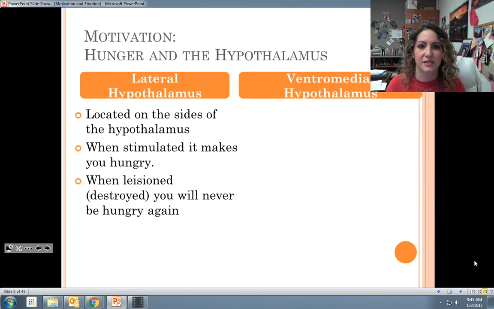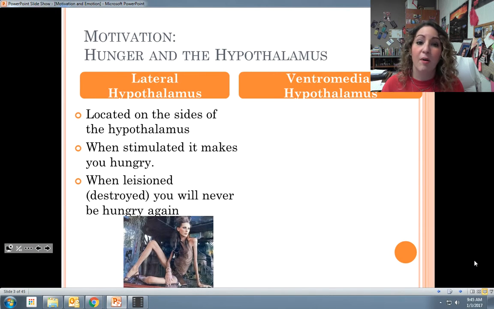They haven't really done this, and they haven't done it with people. But if they were to remove the lateral hypothalamus of an animal and put it back in the wild, that animal would starve to death because it would never feel hungry again, and it would never eat. And so if it was to be lesioned, destroyed, you would never feel hungry again. You would starve to death. It's very possible that people that suffer from eating disorders like anorexia or bulimia have something wrong with their lateral hypothalamus if they're never feeling hungry.